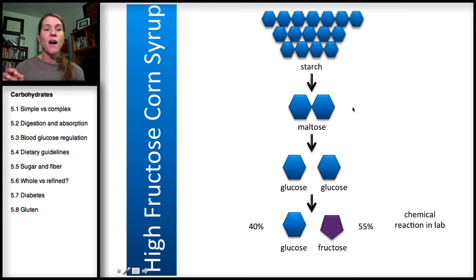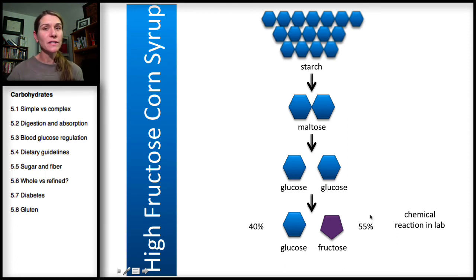But for high fructose corn syrup, they do another step. So you go from starch to maltose to the 2-glucose, and then there's a chemical reaction in the lab, and that changes the glucose into fructose, and then bumps it up to about 55%, whereas glucose is 40%. And then there's a mix of other sugars in there as well.